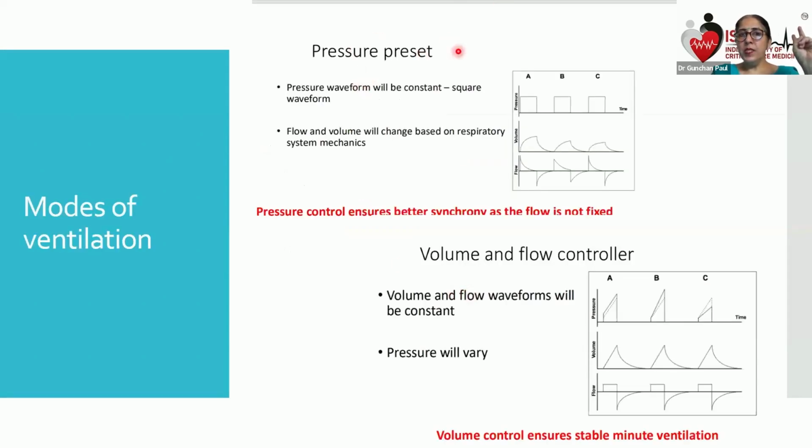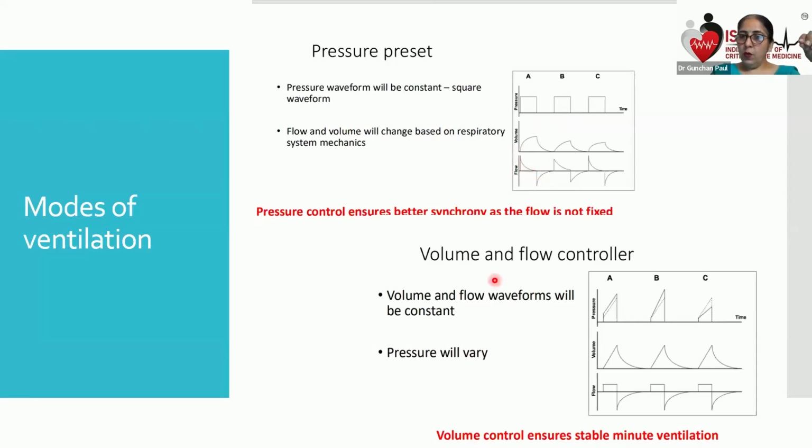Now in the pressure preset mode, these are called the graphics, which all ventilators nowadays will have. So if the pressure waveform is constant, it is not rising, it is a constant square waveform, a certain pressure is achieved and it is maintained, that becomes a pressure preset mode. In this mode, obviously we are giving some volume, so volume will increase, but the flow will always have a decreasing pattern.